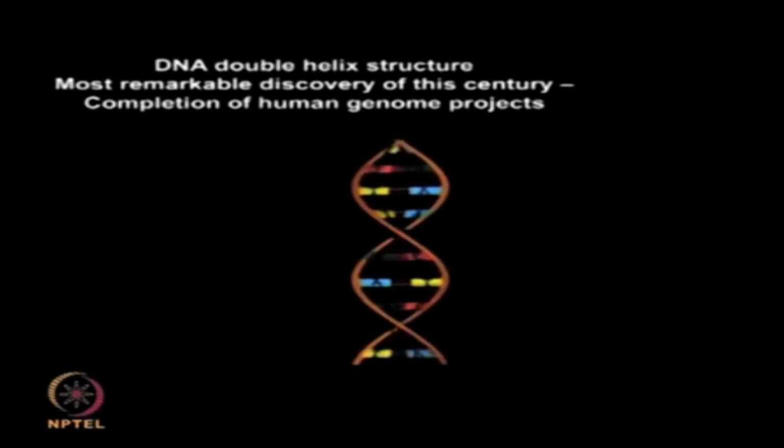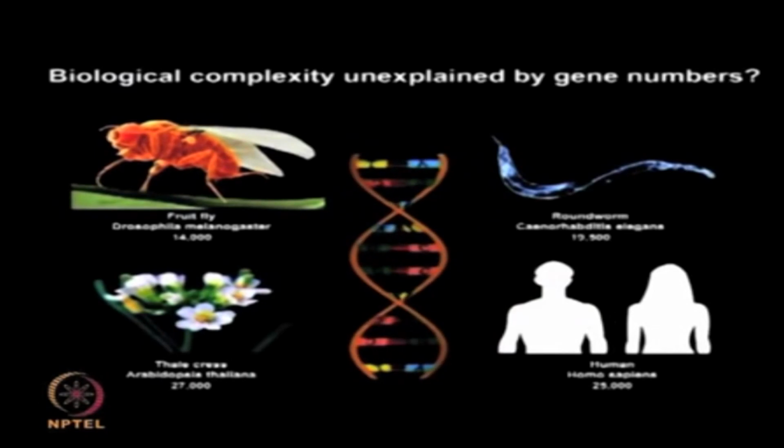The completion of genome sequencing projects of several organisms, including human, has been one of the most remarkable achievements of this century. However, these have not been sufficient to unravel the mystery of complex biological processes.